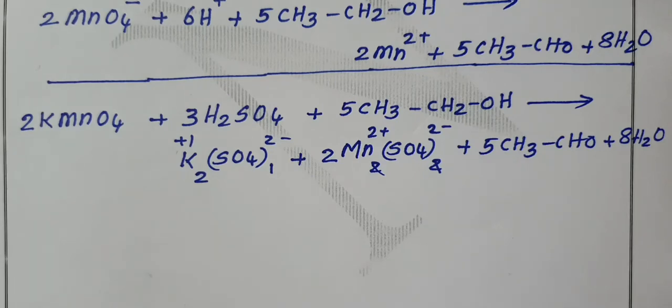Now, we are going to see one more reaction: oxidation of ethyl alcohol into carboxylic acid by acidified potassium dichromate, K2Cr2O7.